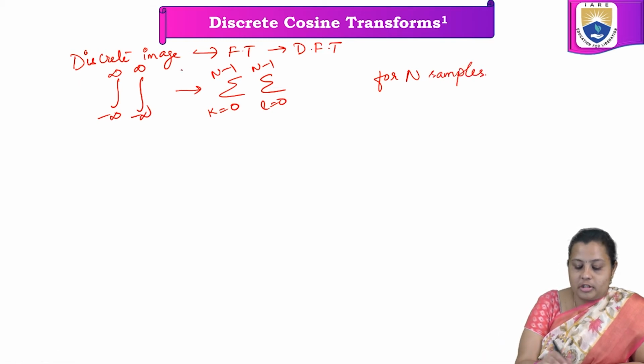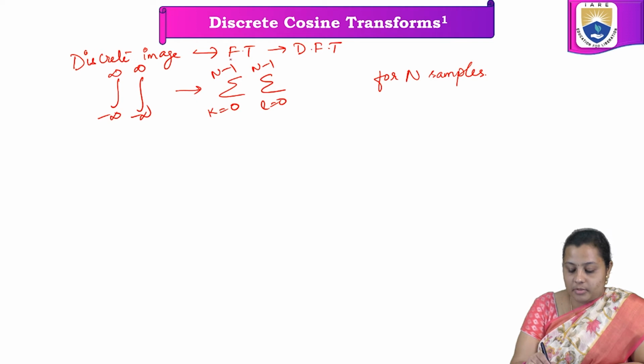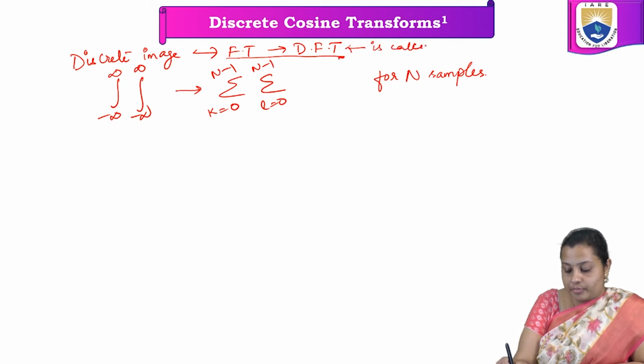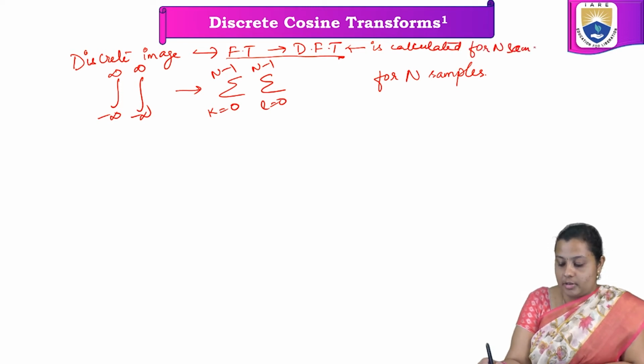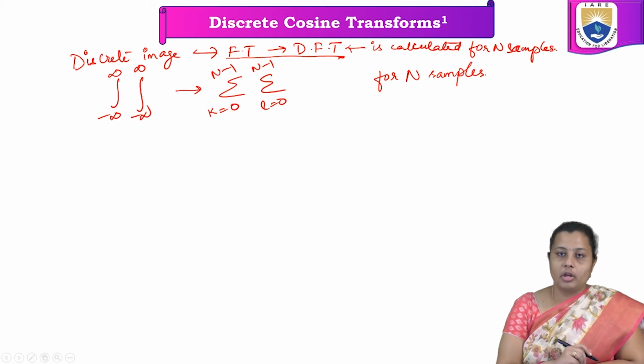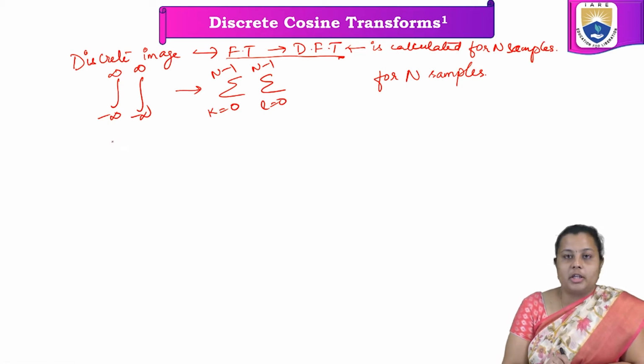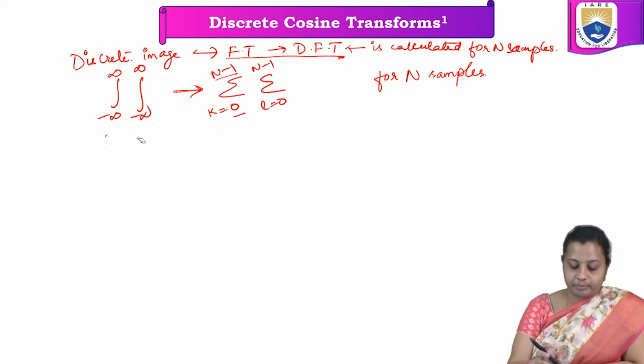So the discrete Fourier transform is calculated for n number of samples. My double integration from minus infinity to infinity is converted into summations ranging from 0 to n minus 1.